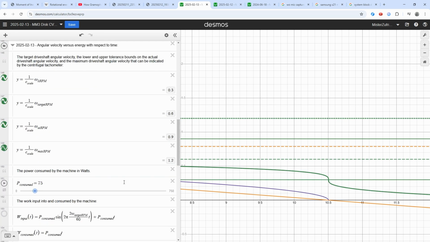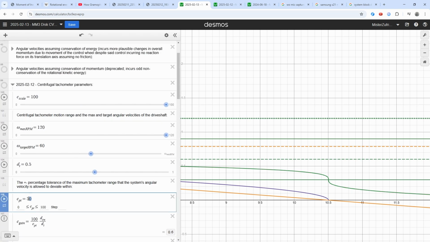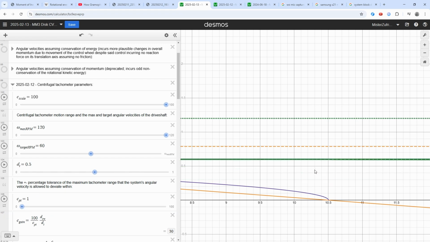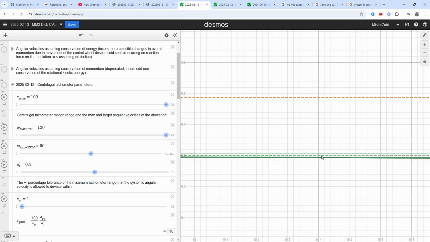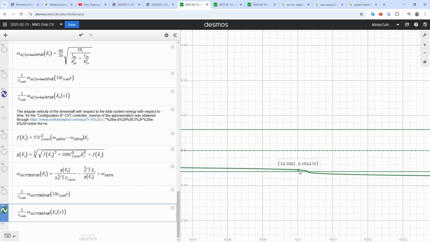So it would take 10 seconds not to come to a complete stop, but rather to come to the lower bound, like so. You can see here, we zoom in, slowing down very slowly, just to this point. And then technically the stuff to the right of here is not valid for the simulation.